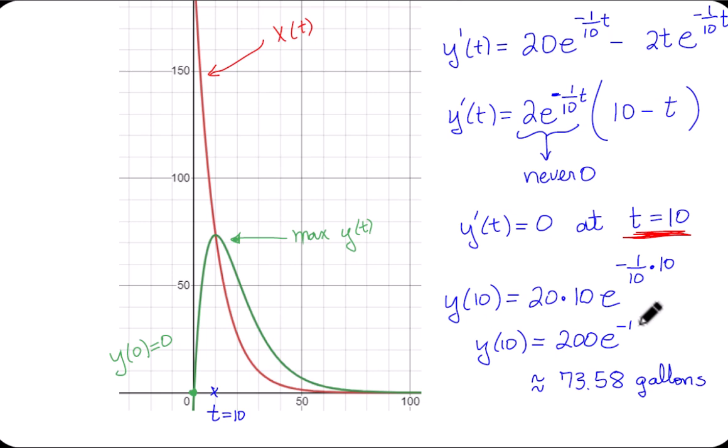So plug in 10, and that's going to occur at 73.58 gallons. So as we've seen previously, the basic mechanics are fairly easy, but as soon as we get to an application, things become really complex.